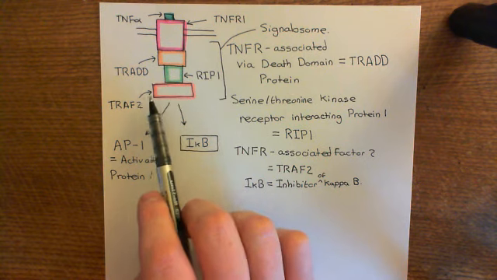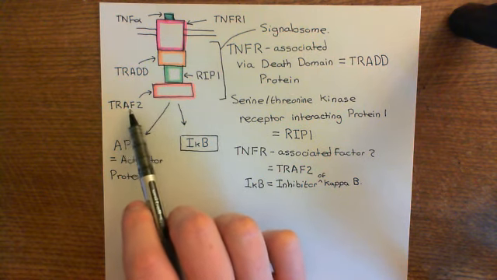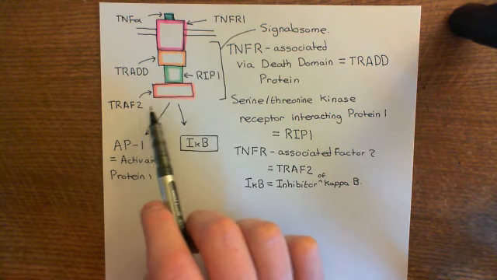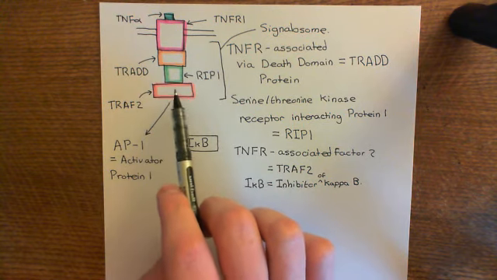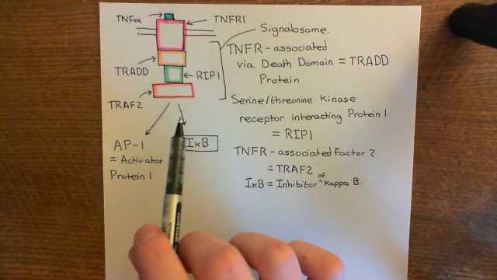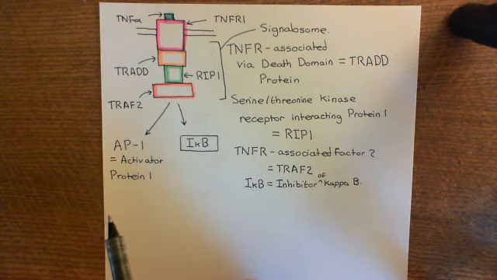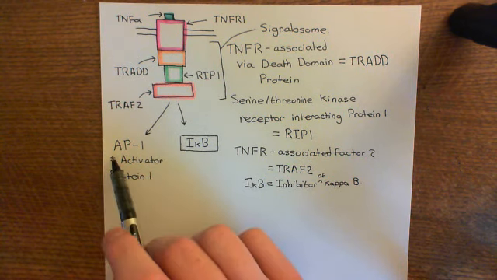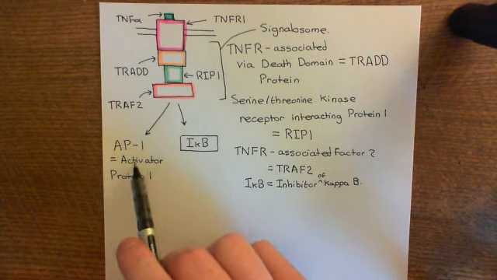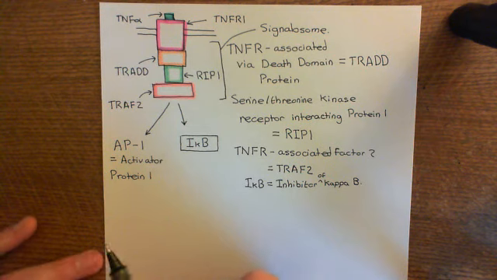Finally, another protein, the tumor necrosis factor receptor associated factor 2, TRAF2, will associate with RIP1, and this will create something known as the signalosome. Now the signalosome is going to activate two transcription factors. One of these is the activator protein 1. The other is going to be NF-kappa B.